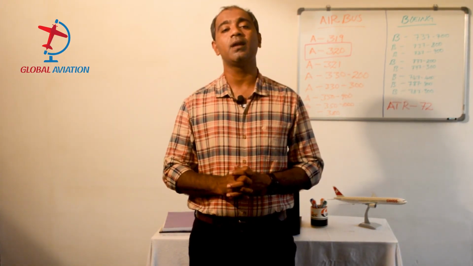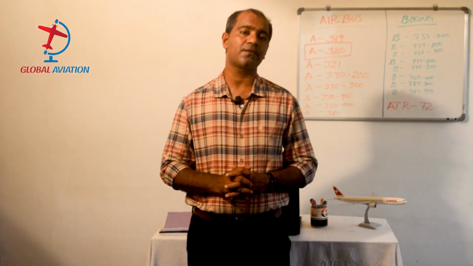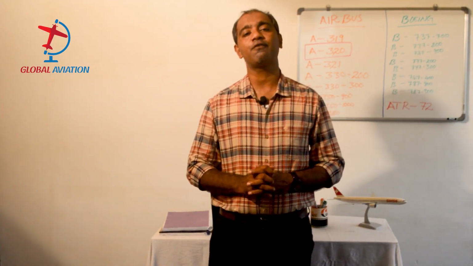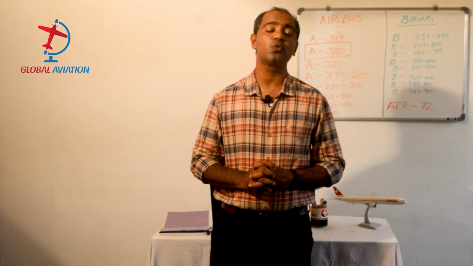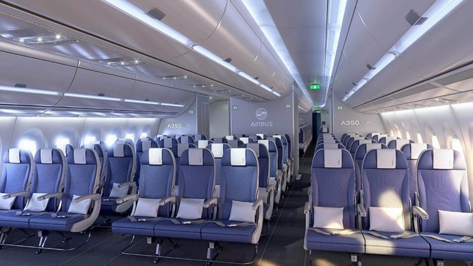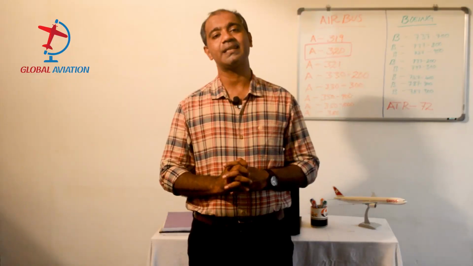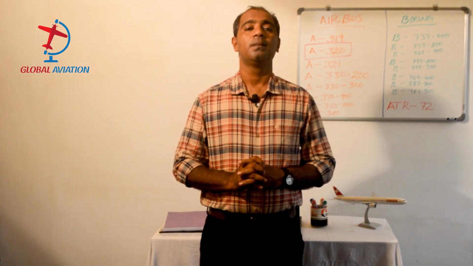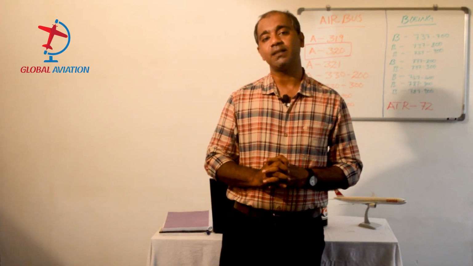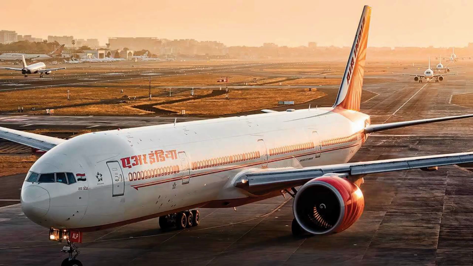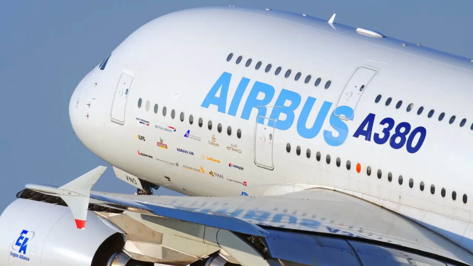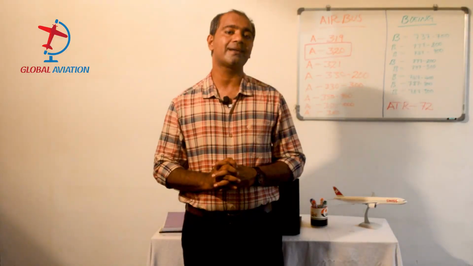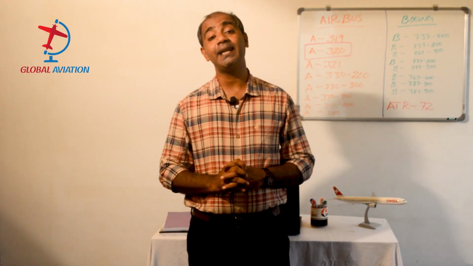What is the meaning of wide-bodied aircraft? Wide-bodied aircraft means if there are two or more aisles, that aircraft is wide-bodied. What are the examples for the wide-bodied aircraft? Airbus 330-200, Airbus 330-300, Airbus 350, Airbus 380, Boeing 747, Boeing 777, Boeing 787.